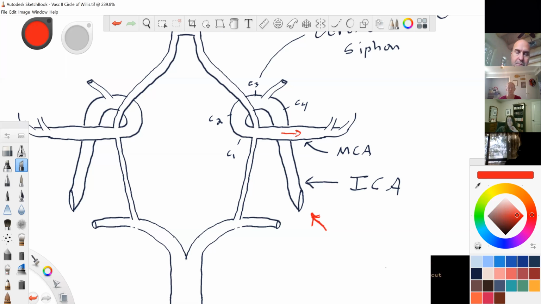One of the locations we'll talk about is the temporal bone. If you're looking from the temporal bone, this MCA is coming directly at you. It's a very strong signal. In fact, one of the ways to figure out where you are is to look for the strongest signal coming towards you.